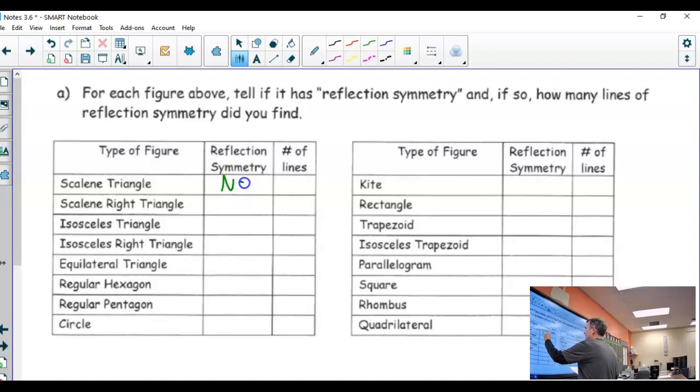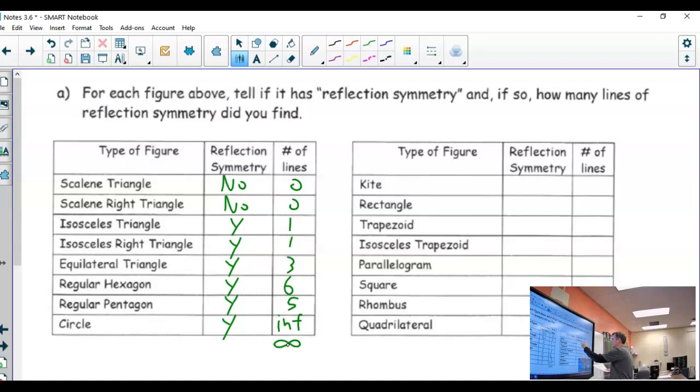The scalene triangle does not have reflection symmetry. The scalene right triangle does not have reflection symmetry, but the rest of these do have reflection symmetry. The isosceles triangle had 1, the right triangle had 1, the equilateral had 3, the regular hexagon actually had 6, the regular pentagon had 5, and the circle had infinitely many, or I could use the infinity symbol.